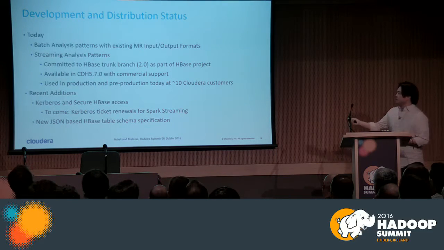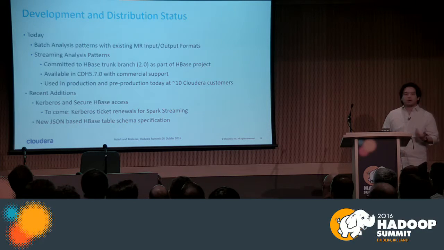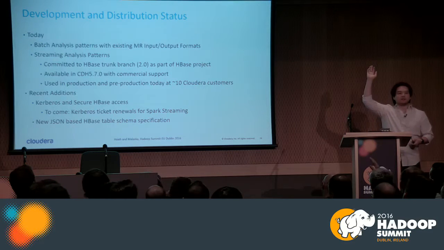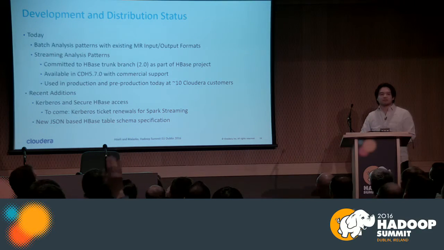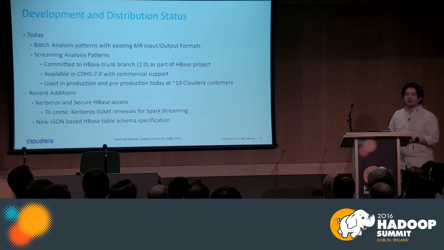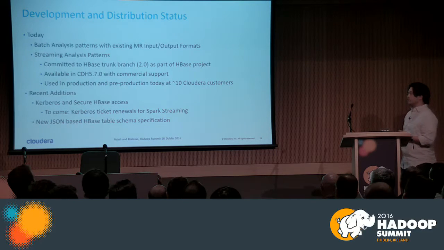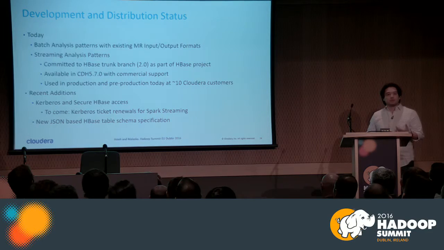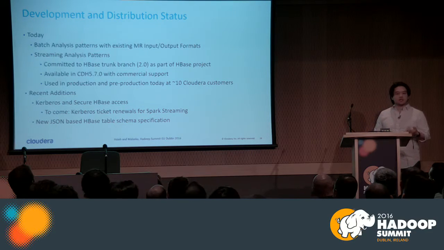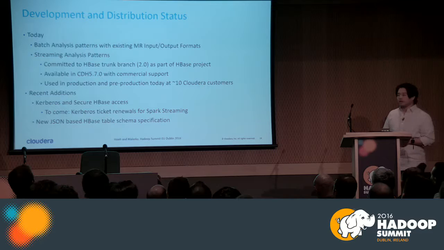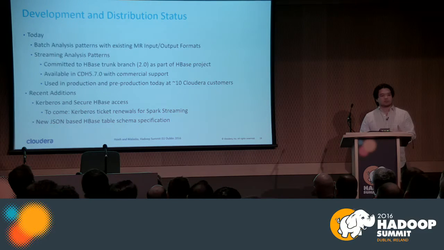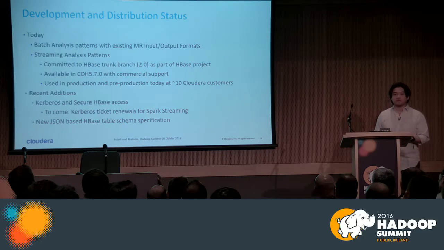Some recent additions, Ted had mentioned some of them, but a lot of our users use Kerberos and use security. How many of you all use that? Right, so that's like a third of you guys or a half of y'all. So we've added things, and this is in the 5.7 version, so that we can work with Kerberos protected HBase and HDFS clusters as well. There's one caveat right now, and it has to do with ticket renewing. So this is specifically for the long-lived Spark streaming jobs where you're working with HBase.